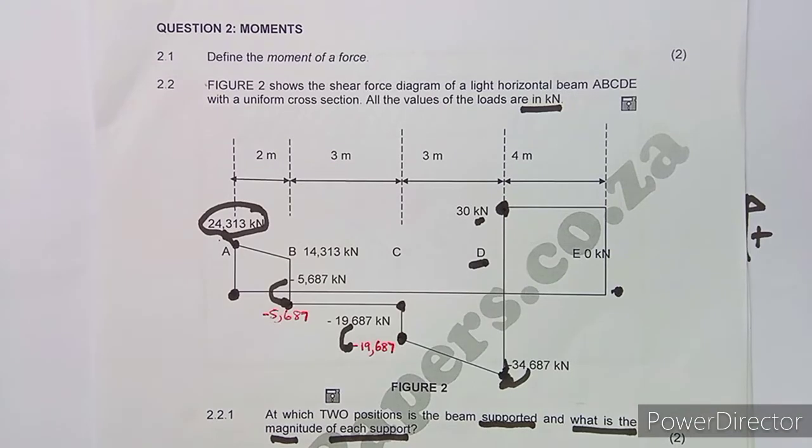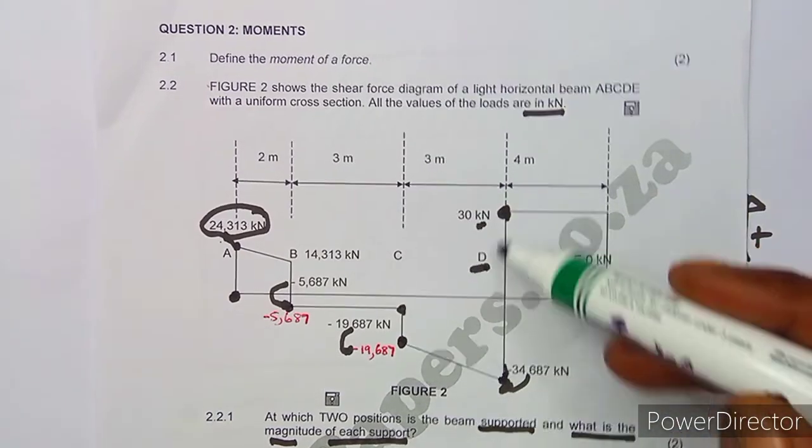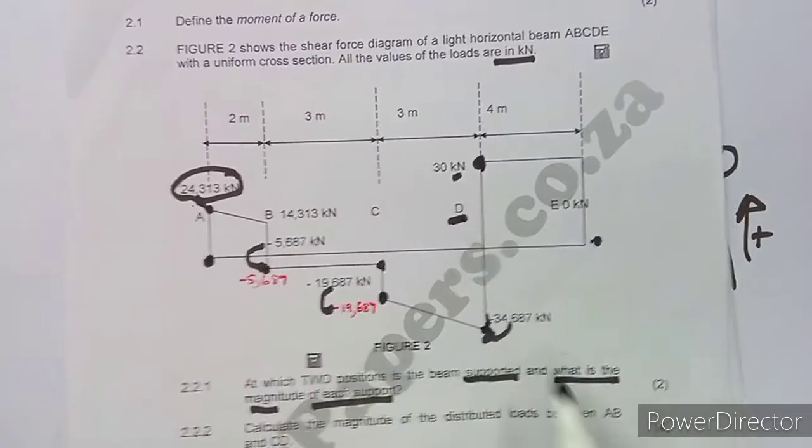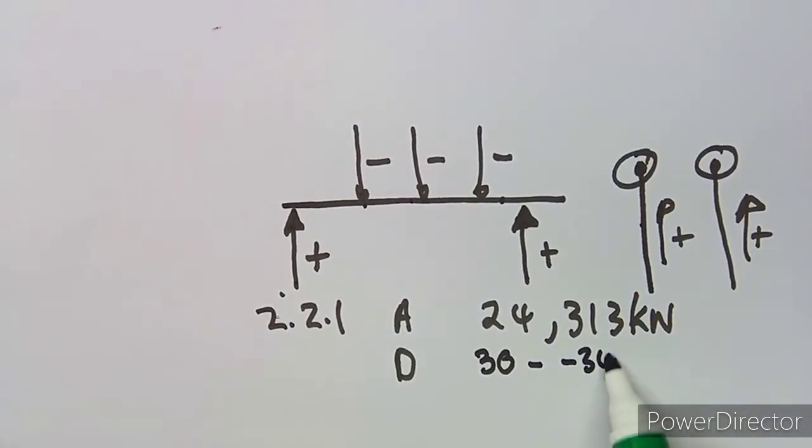Remember, guys, how I drew the shear force diagram in our previous classes. So this time you're going to subtract. So it's going to be 30 minus this force here, which is minus 34,687. All right, so this is what you're going to do. So it's minus there.